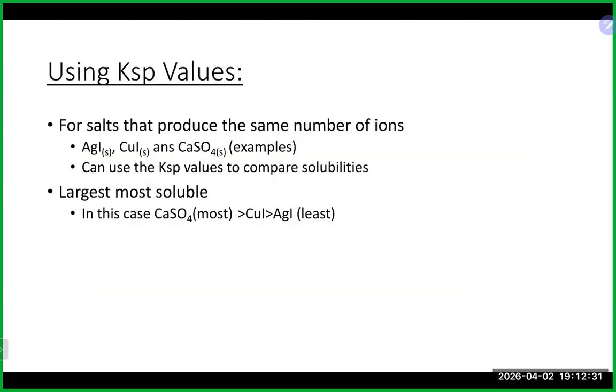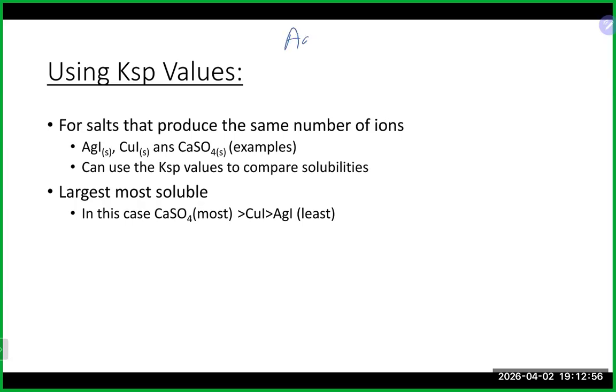The next thing we're going to talk about is using KSP values directly to figure out the solubility of something, or to compare two substances to see which one is more soluble than another. For example, look at these three salts: silver iodide, copper 1 iodide, and calcium sulfate.